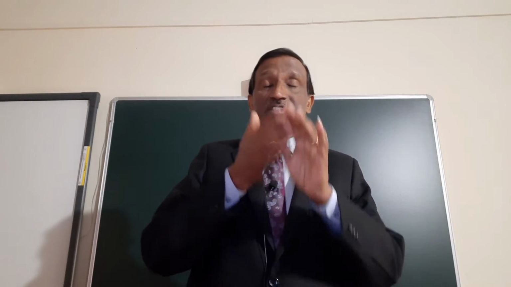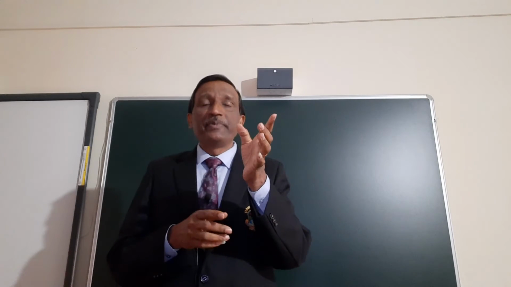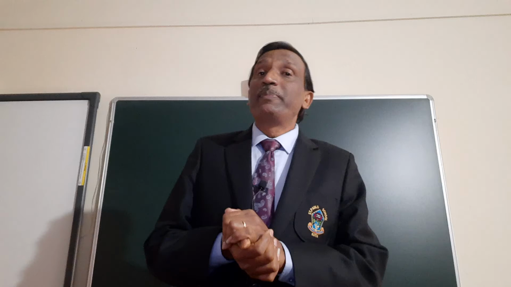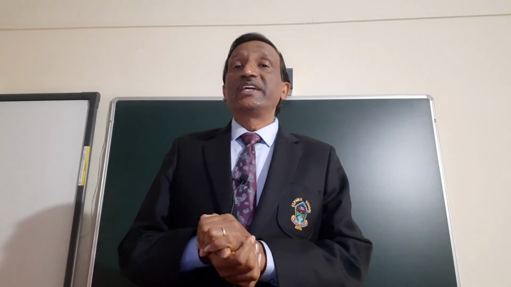Now what you can see is the outermost layer, which is shown in pink color, is the epidermis. Epiblemma is also known as epidermis. In the previous class, yesterday, when I was talking about the epidermal system, I said the epidermis is covered by a thin layer of wax, that is cuticle, but cuticle is absent in roots.